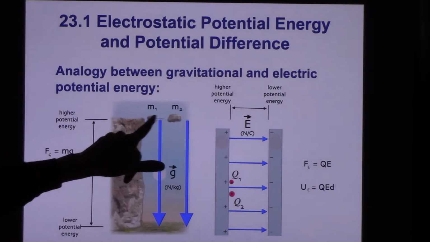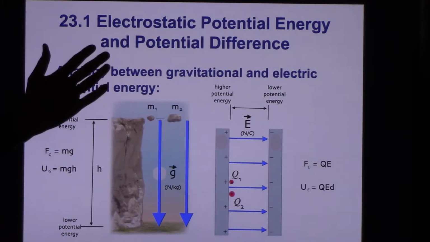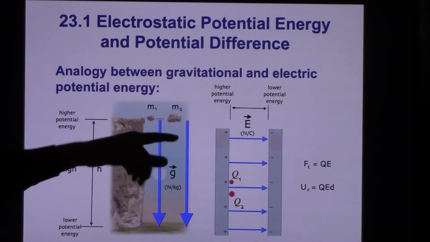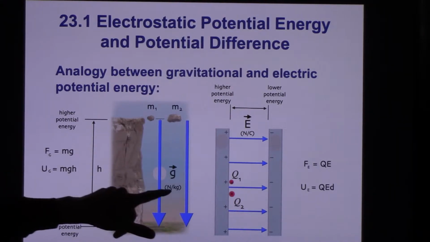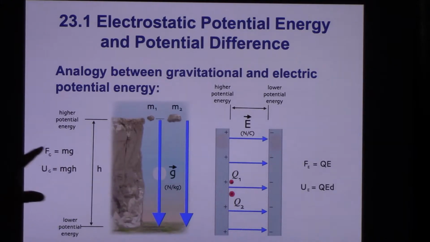If we take an object with mass m, here's object 1 with mass m1, here's object 2 with mass m2, we can find out how much gravitational force is acting on an object by multiplying the mass times the gravitational field. So if we put the masses in kilograms and the field in newtons per kilogram, that immediately gives us a force and tells us how much force will be acting.